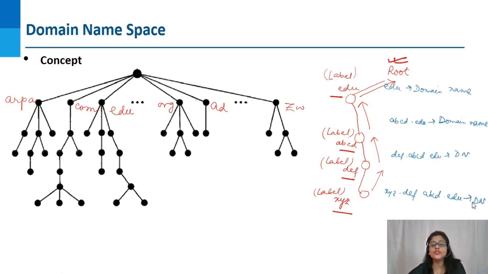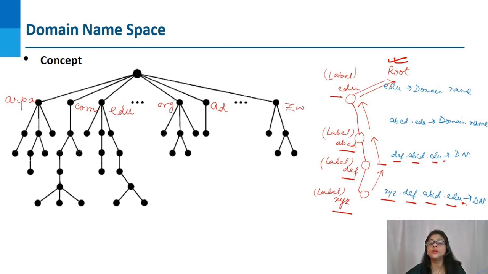So at each level we can have the domain name like this. So this will be xyz.def.abcd.edu. So this is one domain name. At this level we can have this domain name as def.abcd.edu.